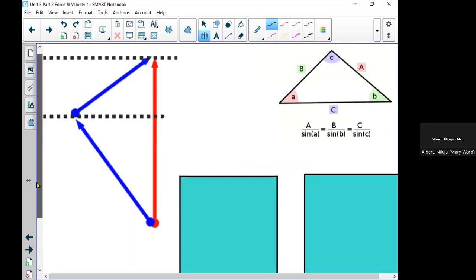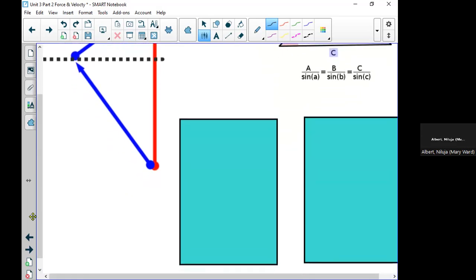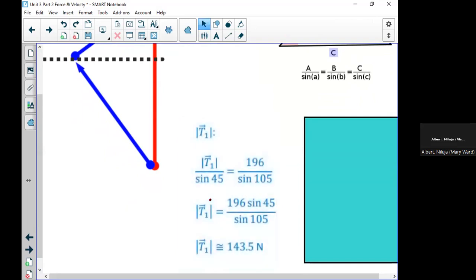Okay. So when I solve those, that's what this is going to look like. So for T1, I set them equal to each other. I simply have to cross multiply and isolate T1. So that tells me I have to multiply 196 times sine 45 and divide that by sine 105.